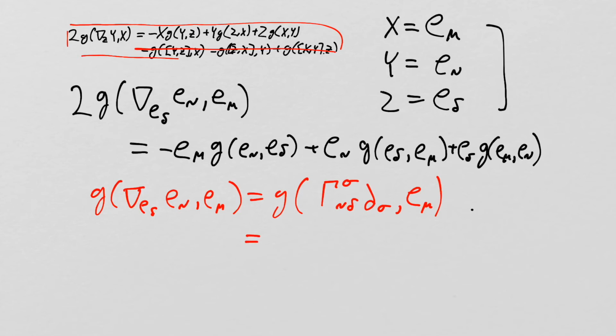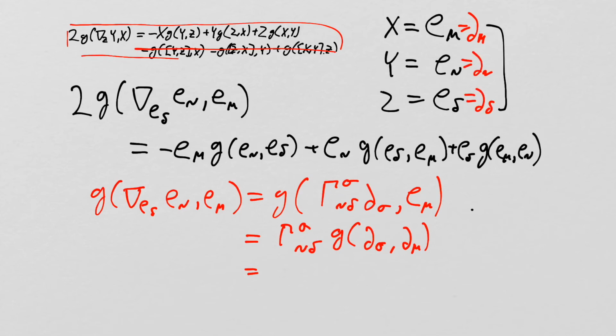That is equal to gamma sigma nu delta times g of partial sigma, partial mu, and now we've fully switched into the coordinate basis. That will be gamma sigma nu delta g sigma mu, because that's the definition of g sigma mu. In the abstract notation, it's the tensor with the coordinate basis thrown down: you feed it two basis vectors, you get its component in that basis. So this expression equals that.